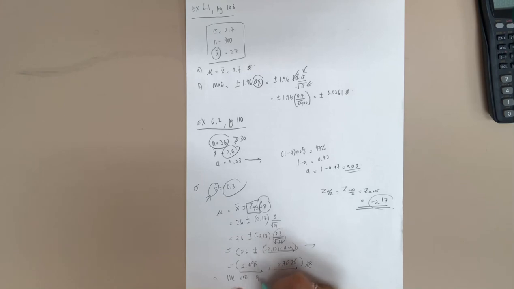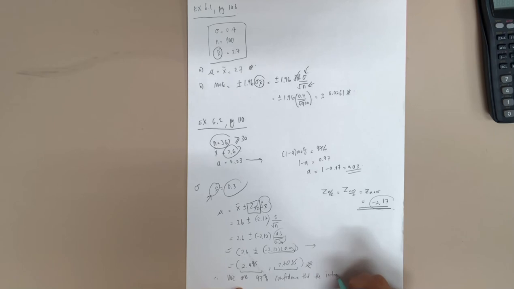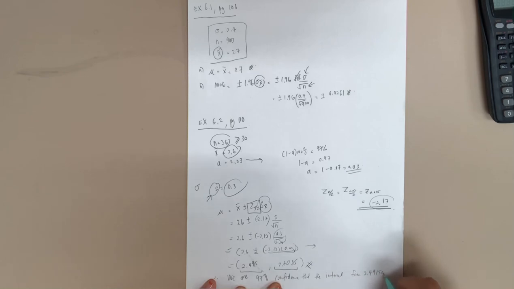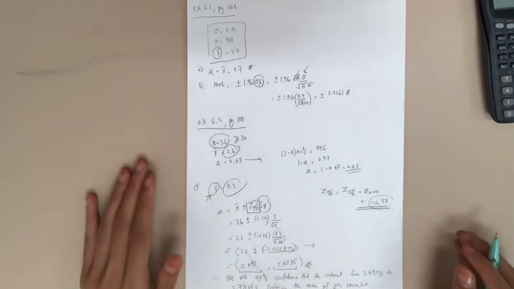We are 97% confident that, what is meant by this interval is, we are 97% confident that the interval from 2.4915 grams to 2.7085 grams contains the mean zinc concentration in the river.